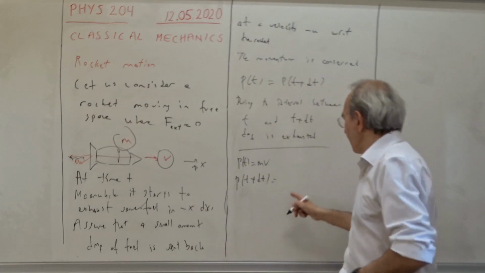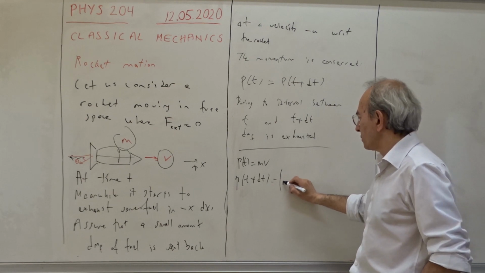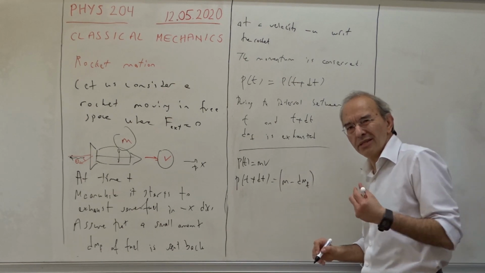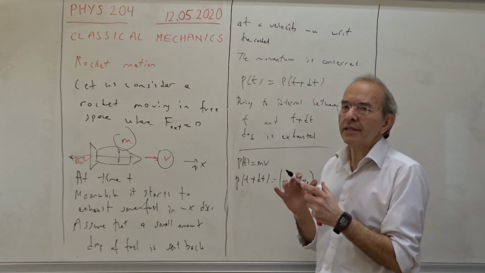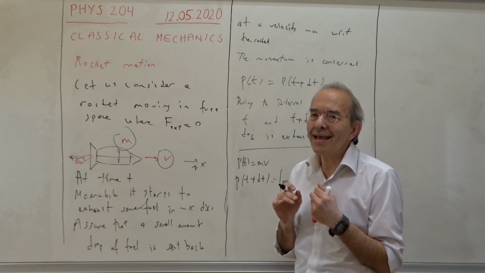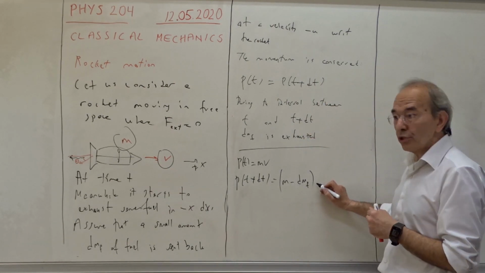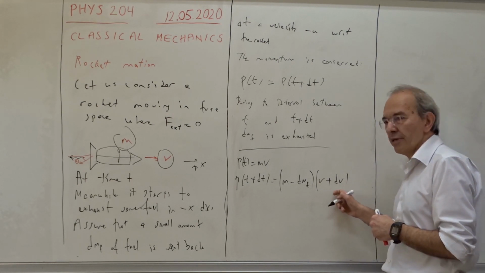Therefore, the first one, what is the mass? M minus dmf, because some little amount is lost. So the rocket now has a bit less mass than at time t. What is the velocity? We expect its velocity to be a bit larger, v plus dv.